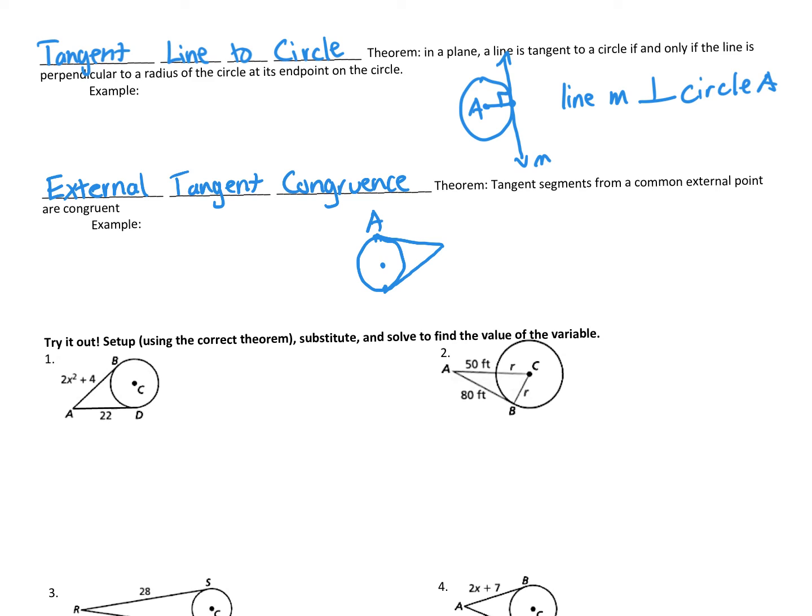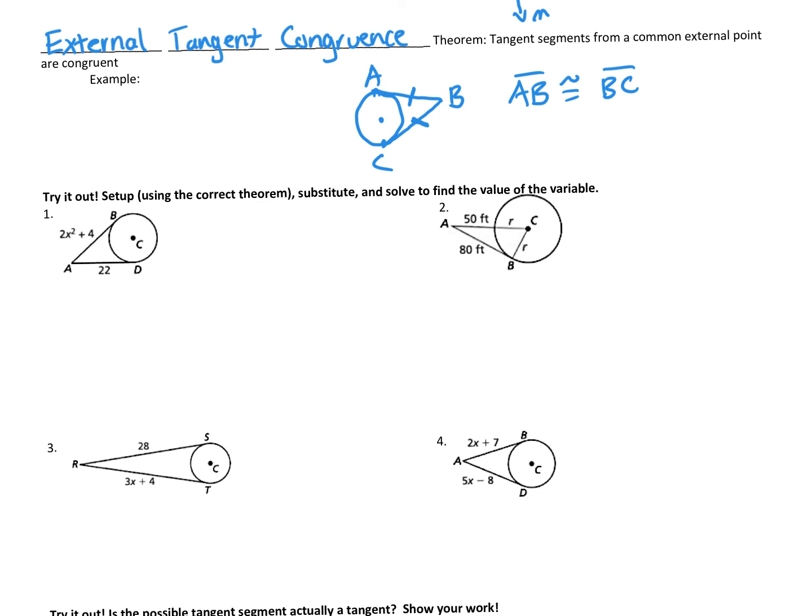So if I say A, B, and C, we can say that from A to B, it is the same distance from B to C. So AB is congruent to BC. That's all that means. So let's try this out.